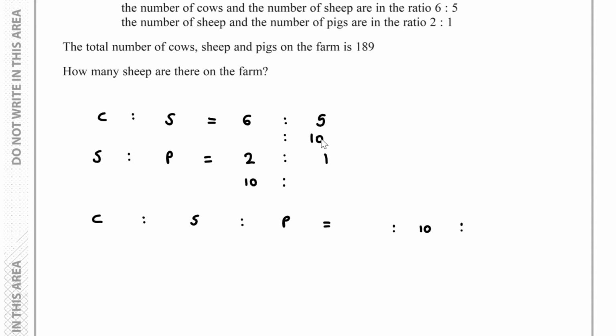Well, to go from 5 to 10 we multiply by 2, so 6 times 2, that's 12. So we have 12 cows. And 2 times by 5, that's 10. So 1 times by 5 is 5. So the ratio of cows to sheep to pigs is 12 to 10 to 5.